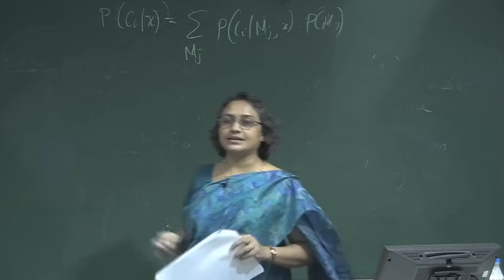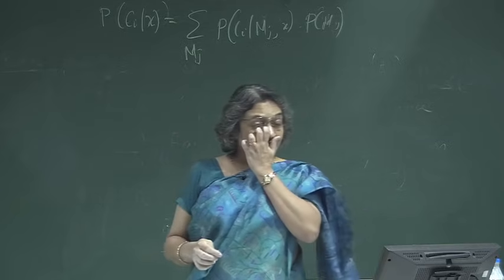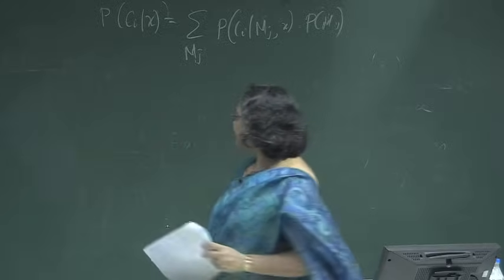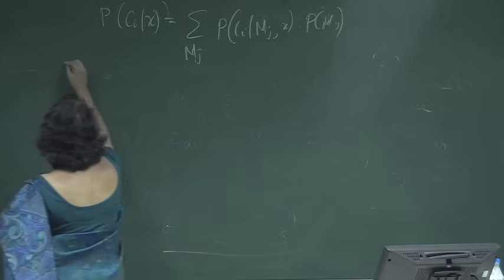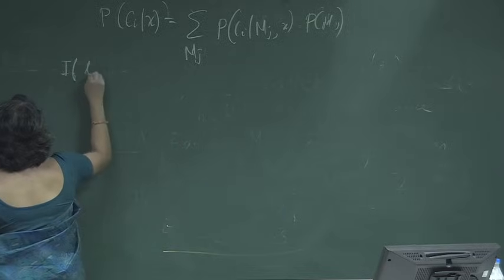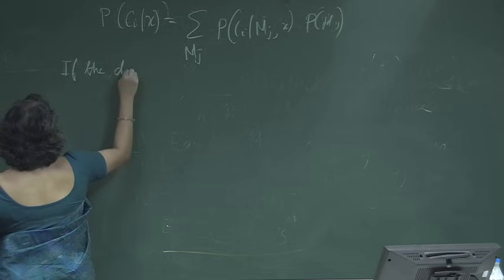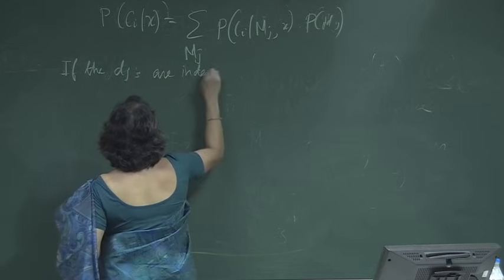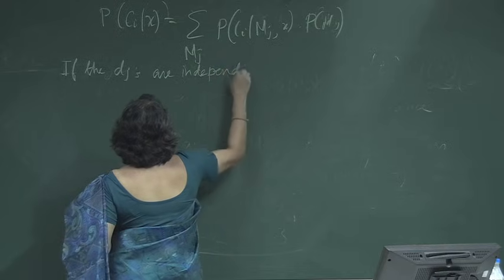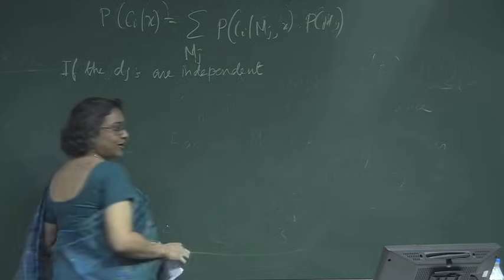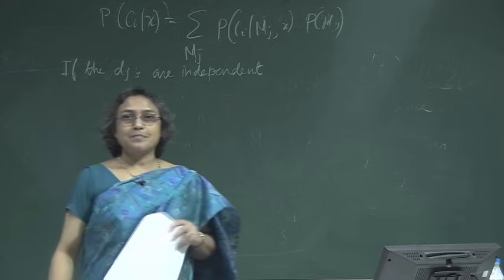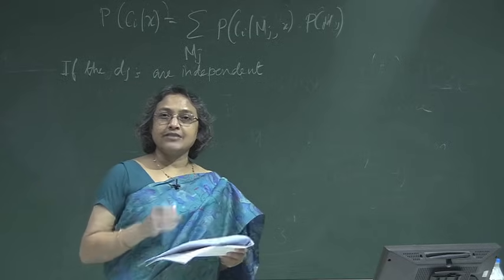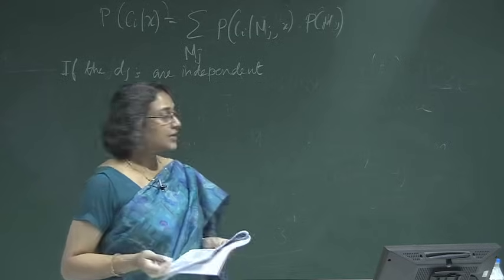And we know that this gives us the optimal hypothesis from the Bayesian perspective. From other perspectives, if the outputs given by the different learners are independent, then even though an individual output may not be accurate, the variance gets reduced.